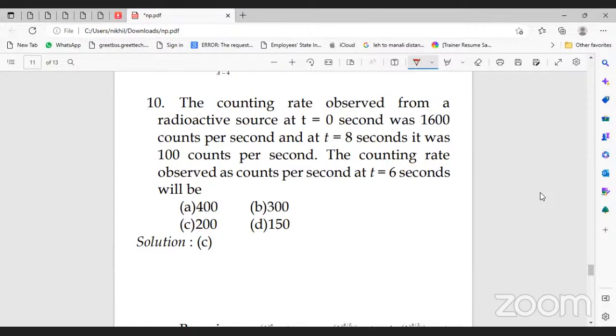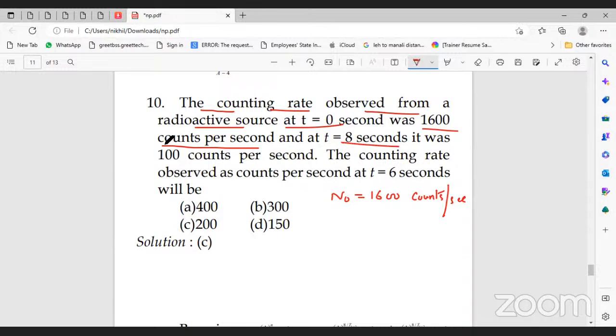Come to this problem. The counting rate observed from the radioactive source at t equals 0 is 1600 counts per second.